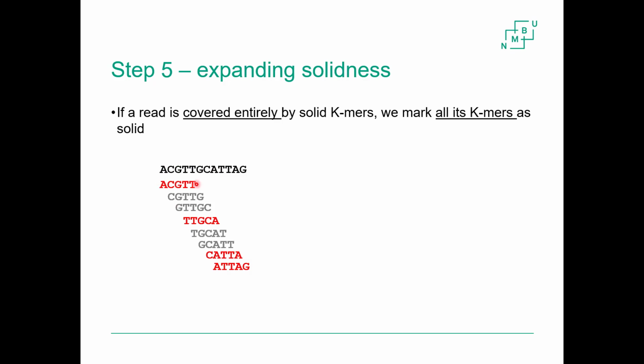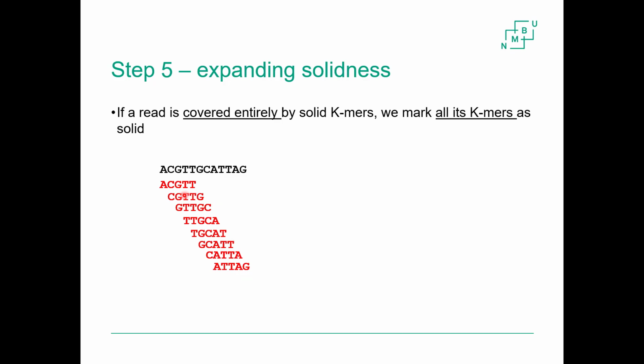There's one here at the start of the read. There's one in the middle, which is overlapping with the previous red one. And then there are 2 red ones at the end here, overlapping with the one in the middle. So every position in this read is covered by some red, right? And then they say, okay, then we call all the k-mers in that read solid.